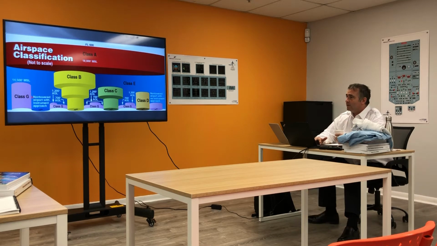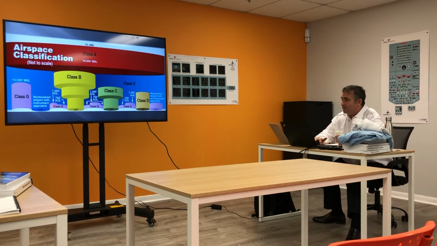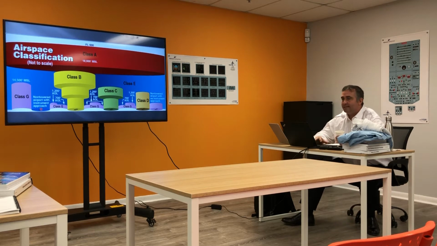Class Golf usually exists below 1,200 feet, like this airport. It's a non-towered airport, no instrument approach. Below 1,200 feet, it's all uncontrolled. I have different rules for flying in uncontrolled airspace. If I look at a non-towered airport with an instrument approach, anytime I have instrument approaches involved, any kind of relationship between ATC and an instrument pilot on an instrument flight plan, they must remain in controlled airspace.